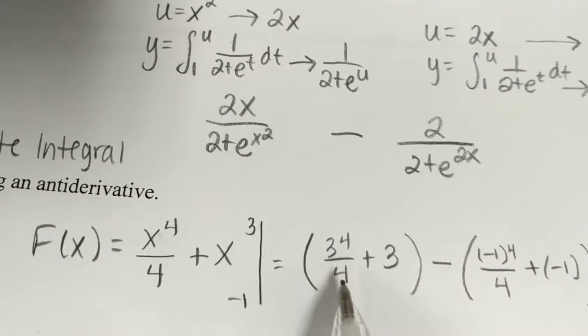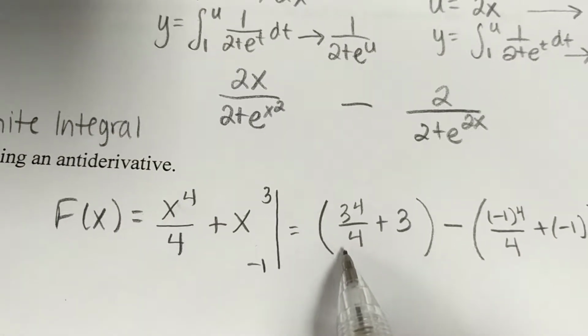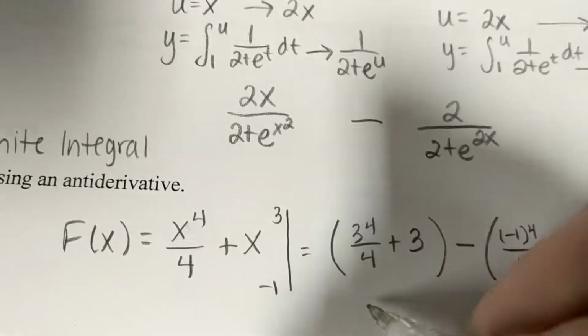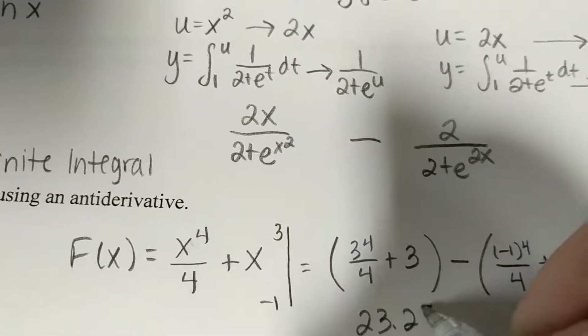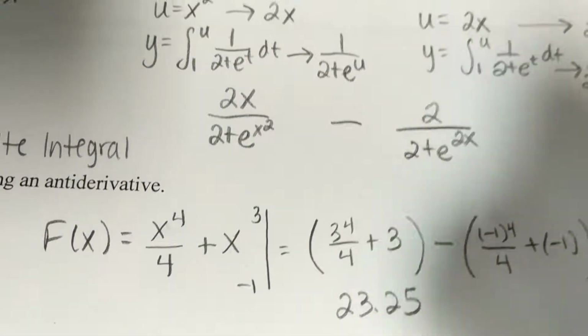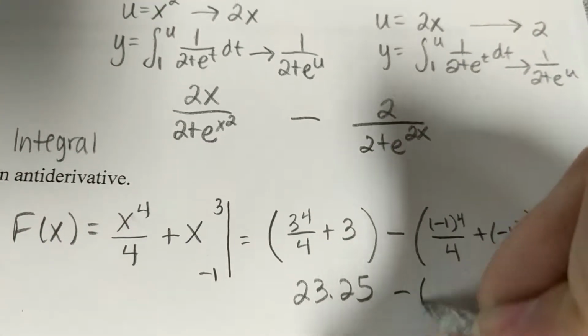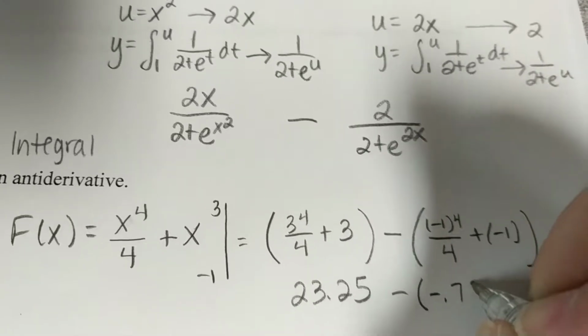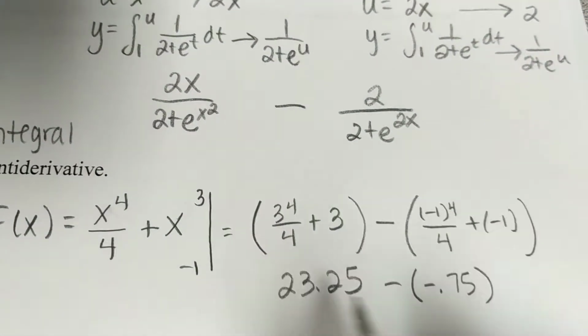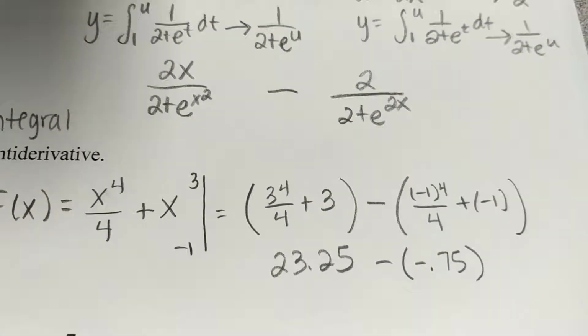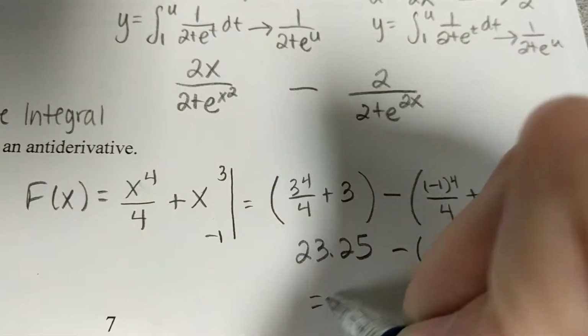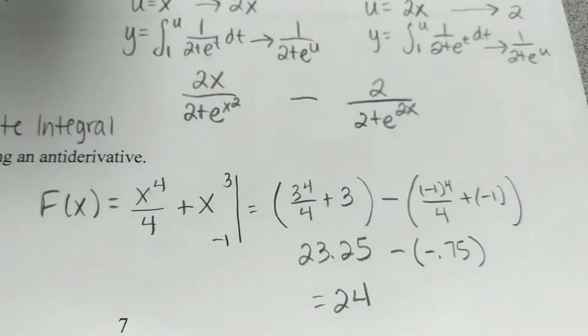So when I plug this into my calculator, 3 to the 4th over 4 plus 3, I get 23.25. And when I plug this in, I get positive 1/4 minus 1. So I get minus -0.75. So 23.25 plus 0.75 gives me a total of 24.